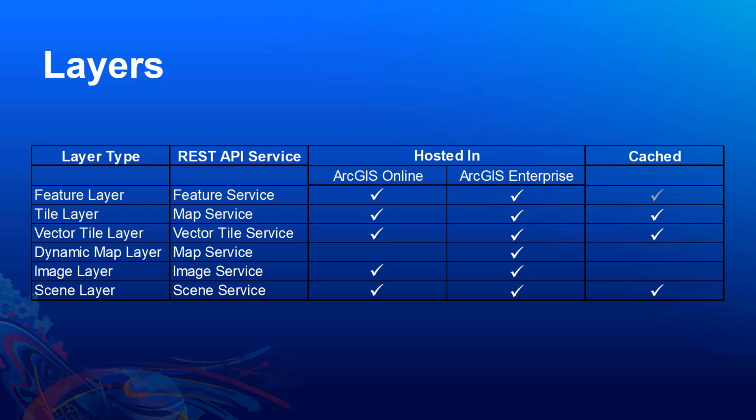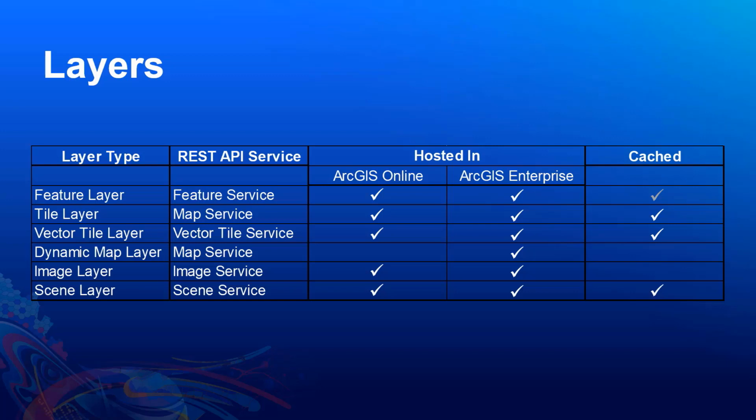And then here you can also see the different hosting options that are available for each layer type. So whether that is through ArcGIS Online or ArcGIS Enterprise, and whether or not the layer type is able to be cached. And all of these layer types are really intended to work with different kinds of data. But as you can imagine, in order to work with the same types of data, there can be some trade-offs in terms of performance.